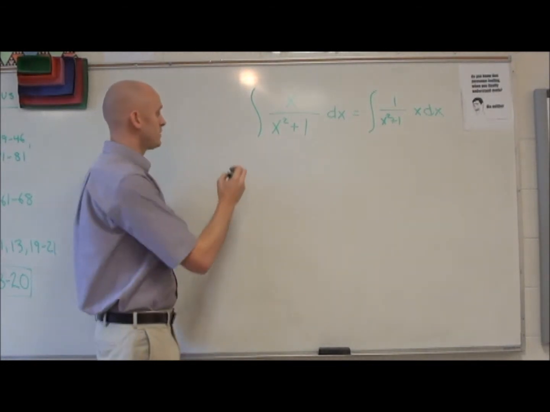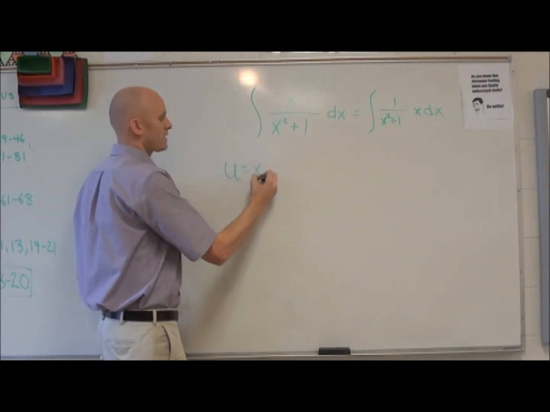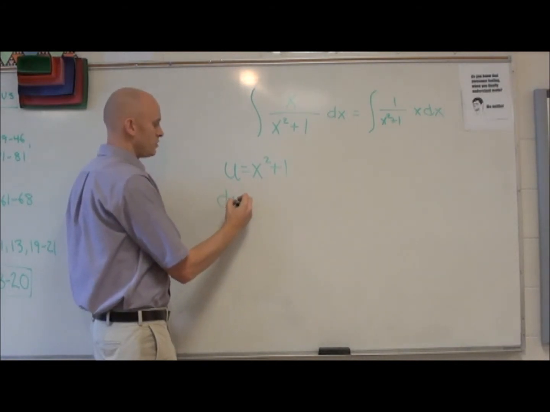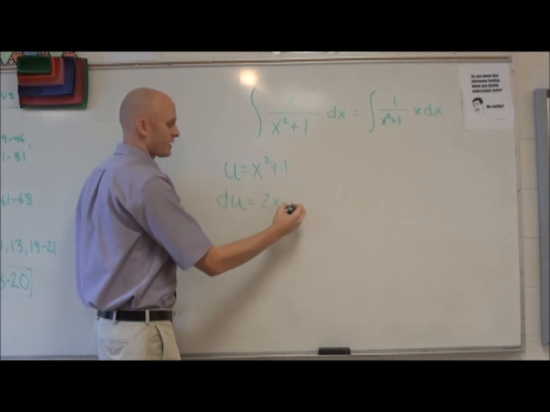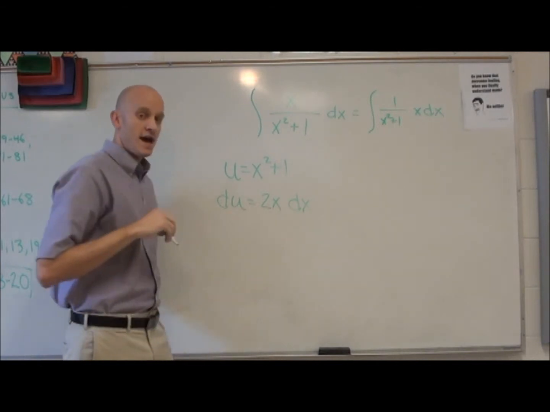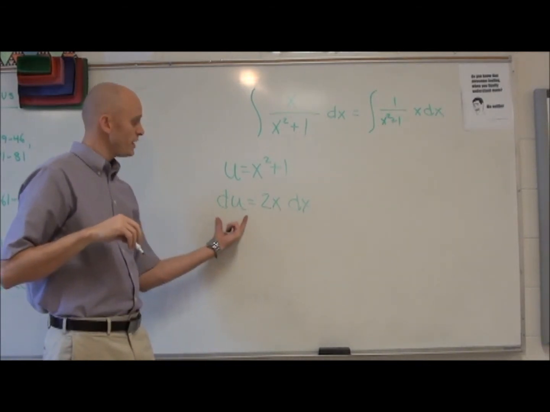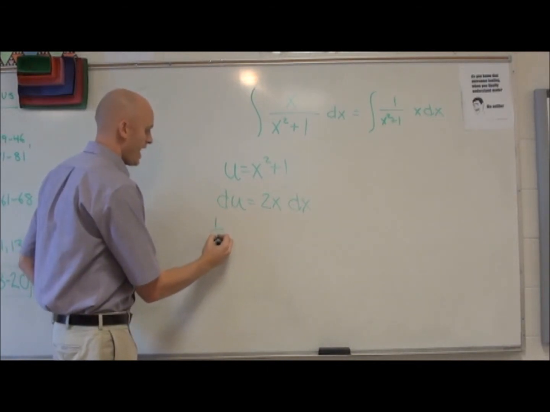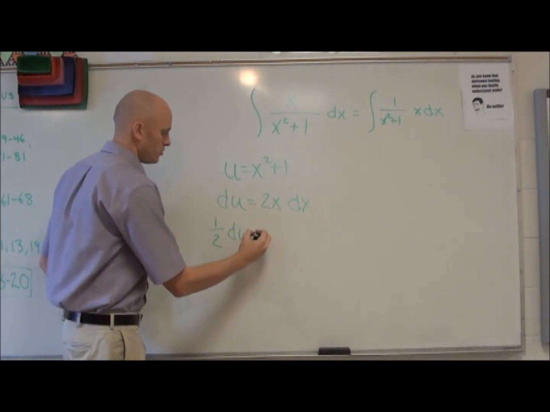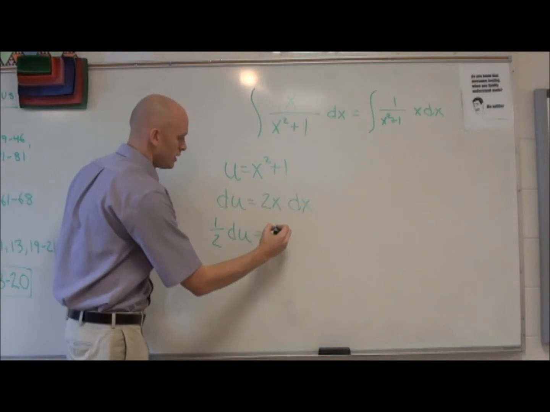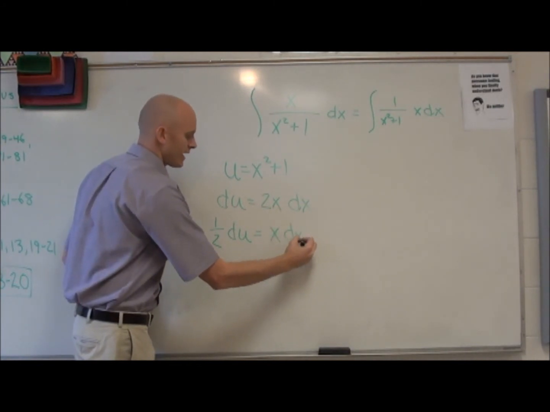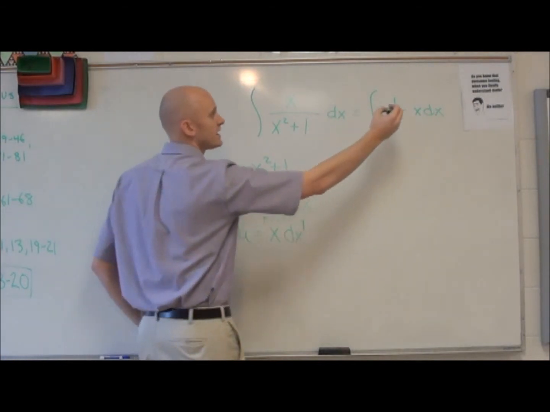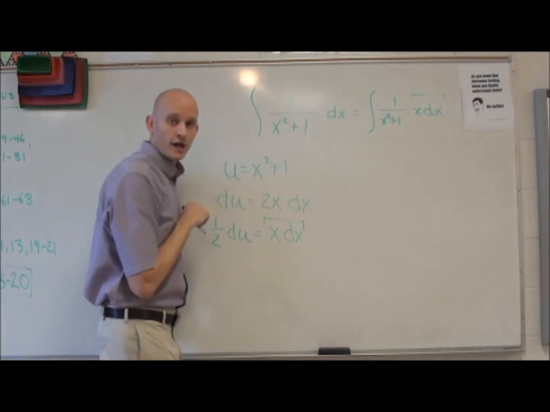Now, using a u substitution, if I let my u be x squared plus 1, then du is equal to 2x dx. We know that du is equal to 2x dx, or 1/2 du is equal to x dx. That value right there is important because I see it over here.